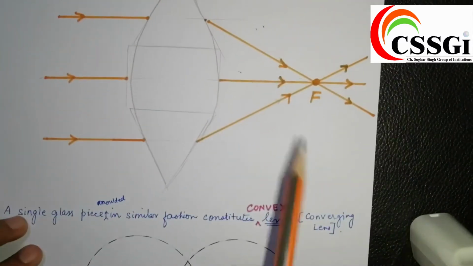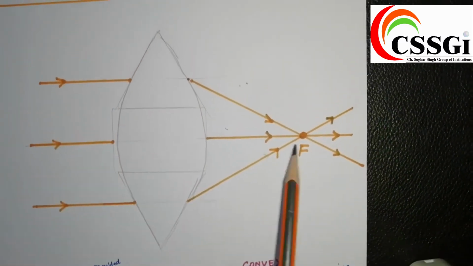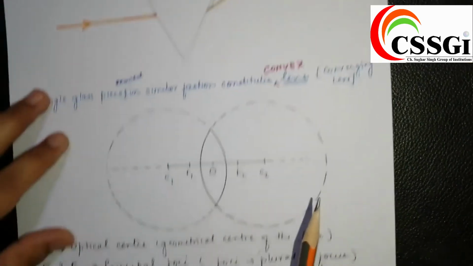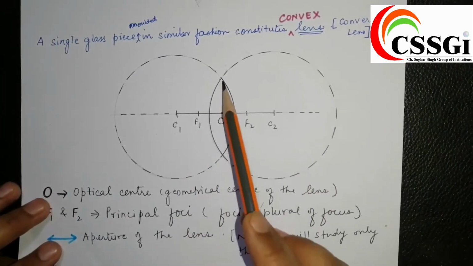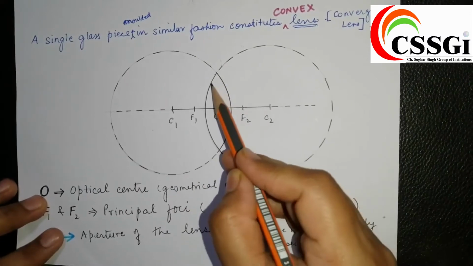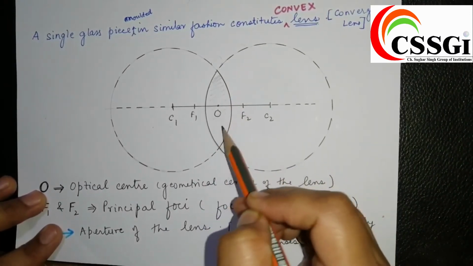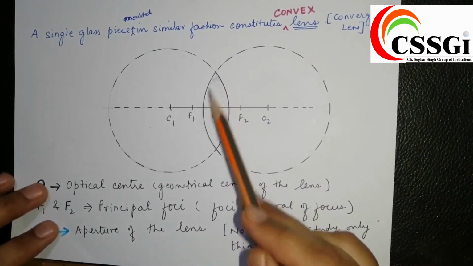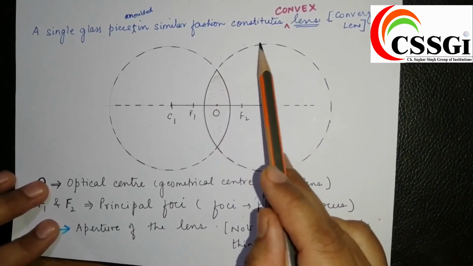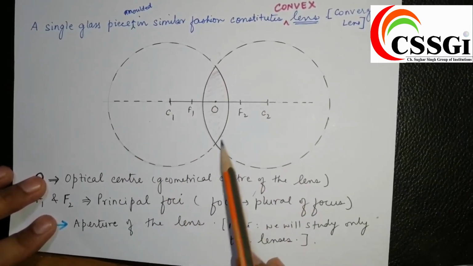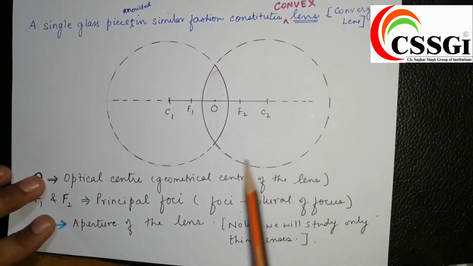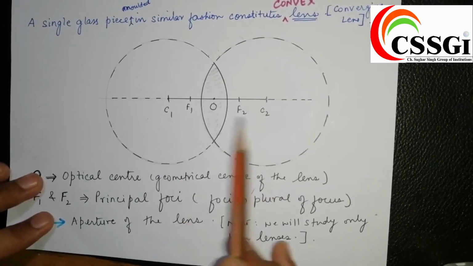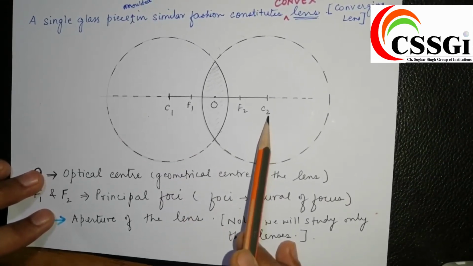Why did I call it a converging lens? Because the rays were getting converged to this point F, right? Now you see here, since we have got this shape, we can imagine that this shape is a part of sphere 1 and sphere 2 having radii of curvature C1 and C2 respectively.